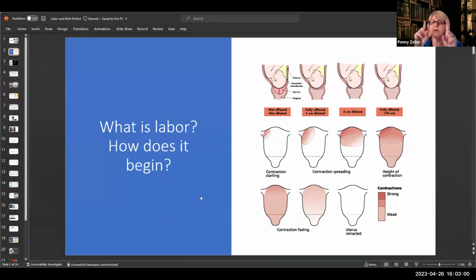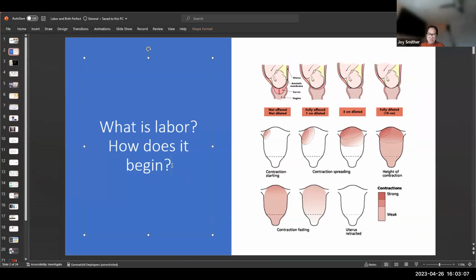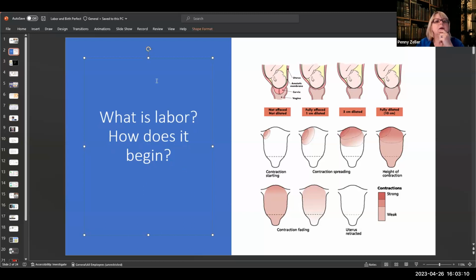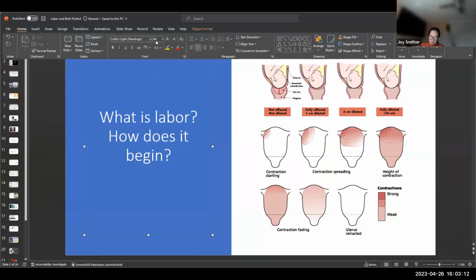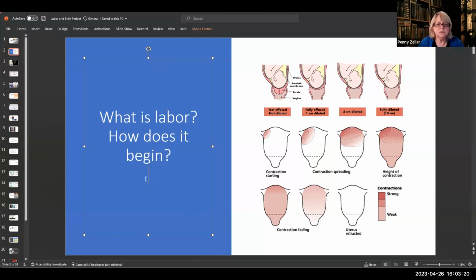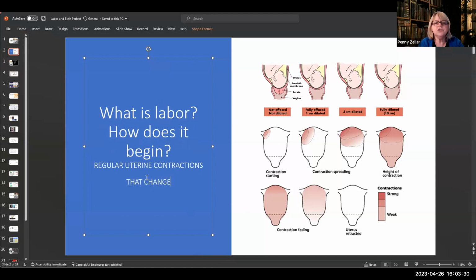So both facts have to be occurring, okay? So labor is regular uterine contractions that change the cervix. In other words, that dilate the cervix and efface the cervix.